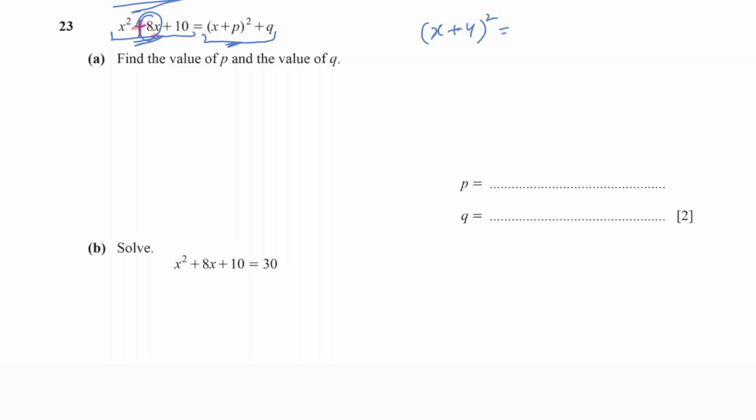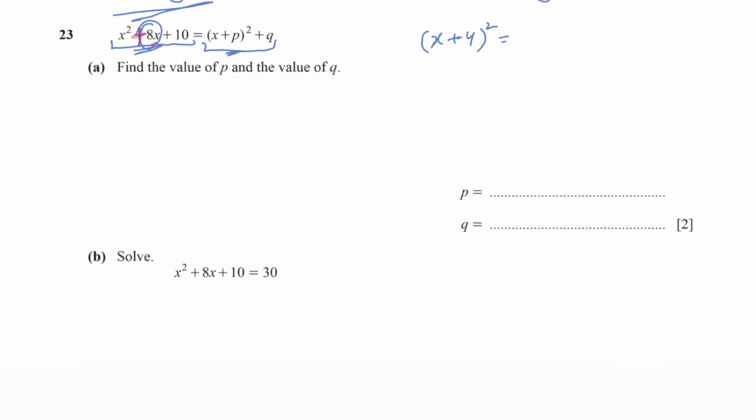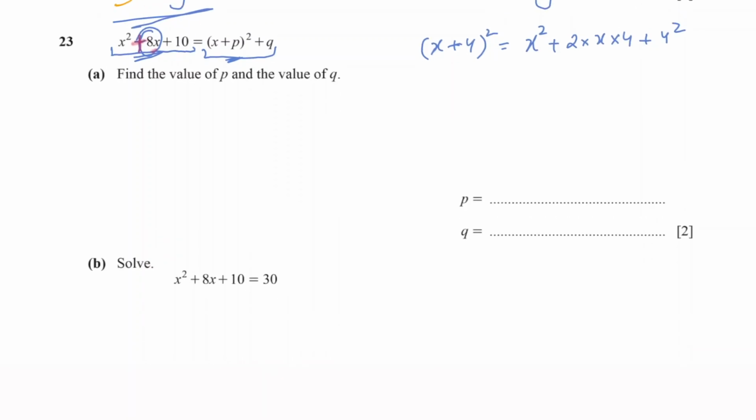So x plus 4 whole square, if you remember the formula of a plus b whole square, it gives you a square plus 2 times a into b plus b square. Okay, you should know this: a plus b whole square is a square plus 2ab plus b square.